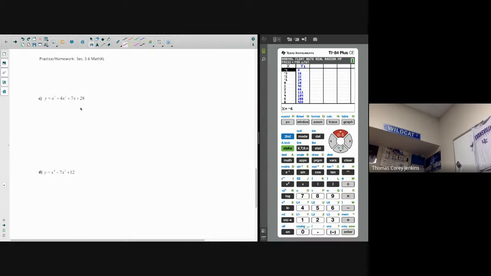Okay, so based on what we saw in our calculator, we already know at least one of the 3 roots, right? Should have 3. So we know x equals -4. Another way that we could tell it's -4, besides just looking at that, is when we divide, right? Remember this fact too. So if we divide -4 into our 1x cubed, 4x squared, 7x, and 28.